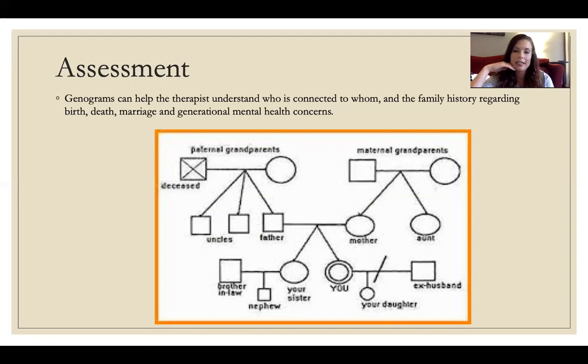But it also tells you about marriage status, death, disease, broken relationships. So the deceased has the X, and there's usually a hash mark for a broken relationship. This one's a very basic example, but there's keys out there with lots of information on how to create a genogram. So if you take the family therapy class, you'll get some more information about that.